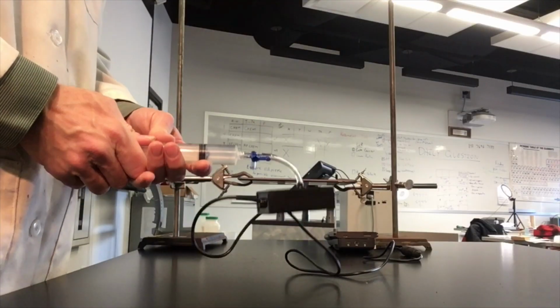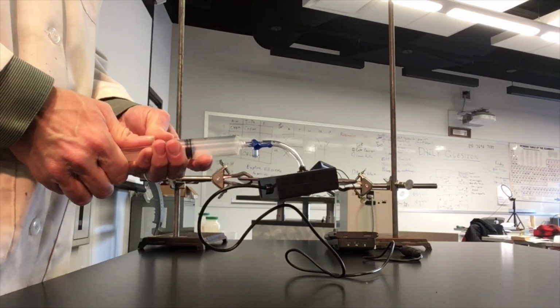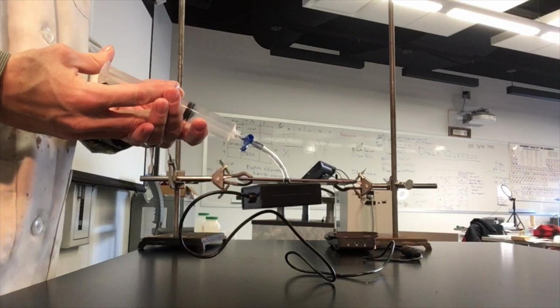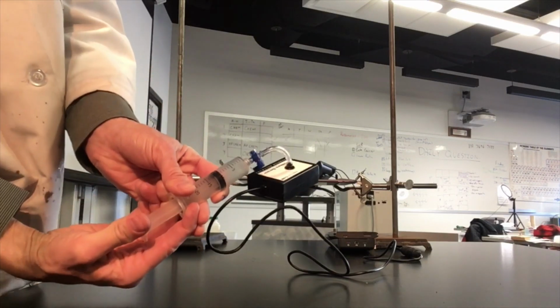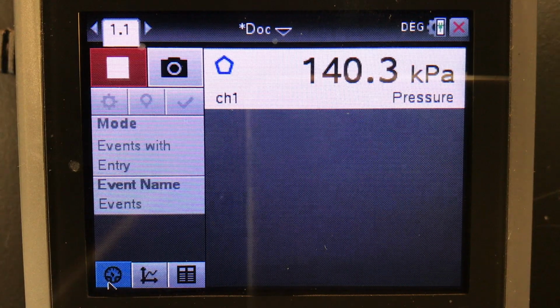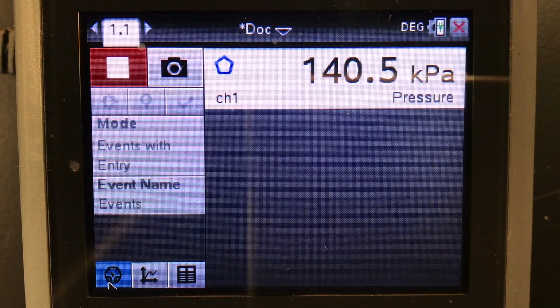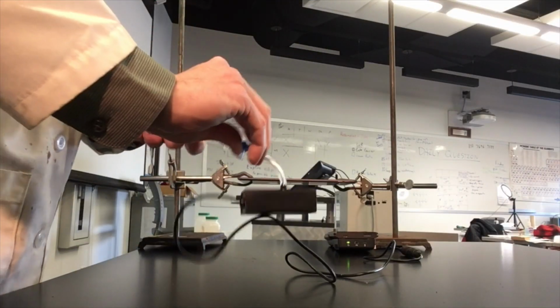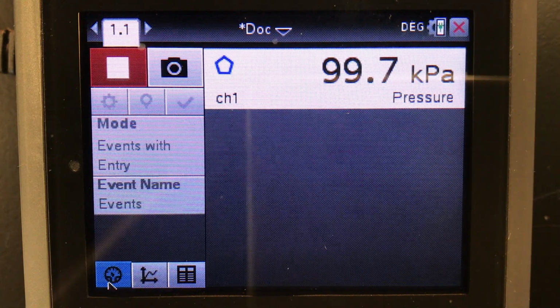I'm going to open the system again, go to 15, equalize it, and then I'm going to push this down to 10 from 15, and I'm at 140.6. Open the system again, go up to 20, equalize it.